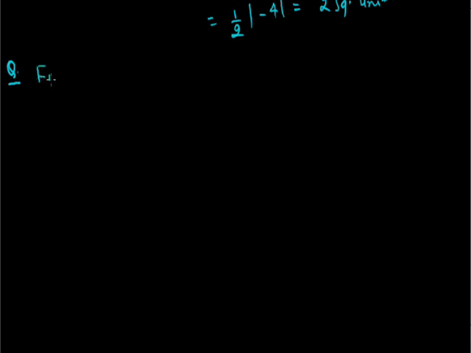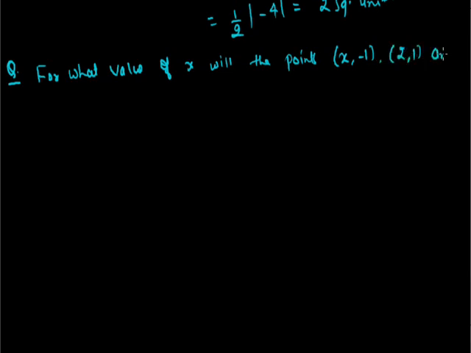For what value of x will the points (x, minus 1), (2, 1) and (4, 5) be collinear, or we can say lie in the same line, lie on the same line.